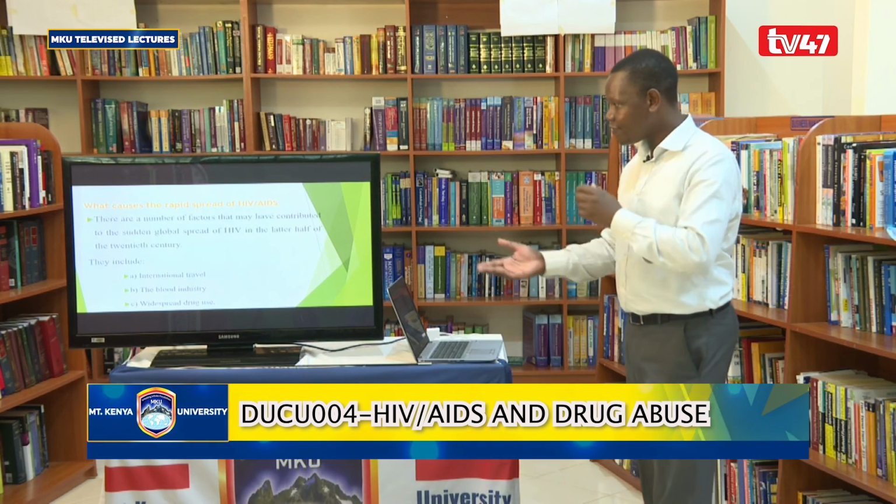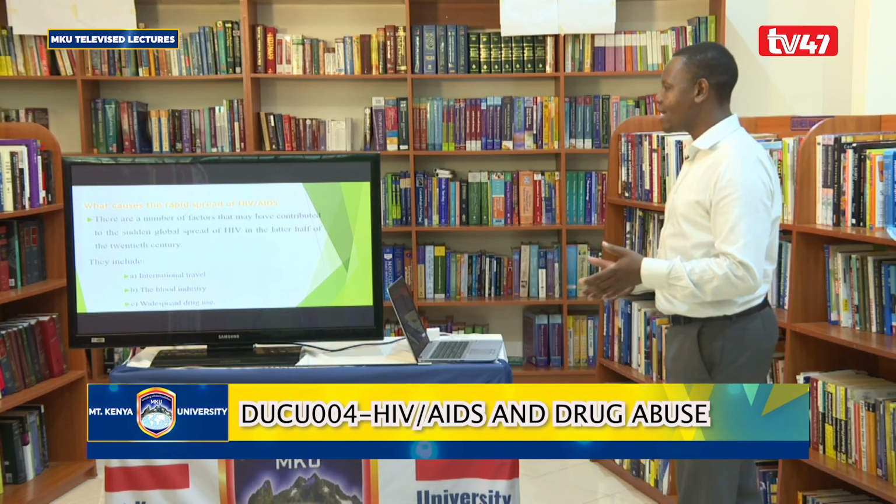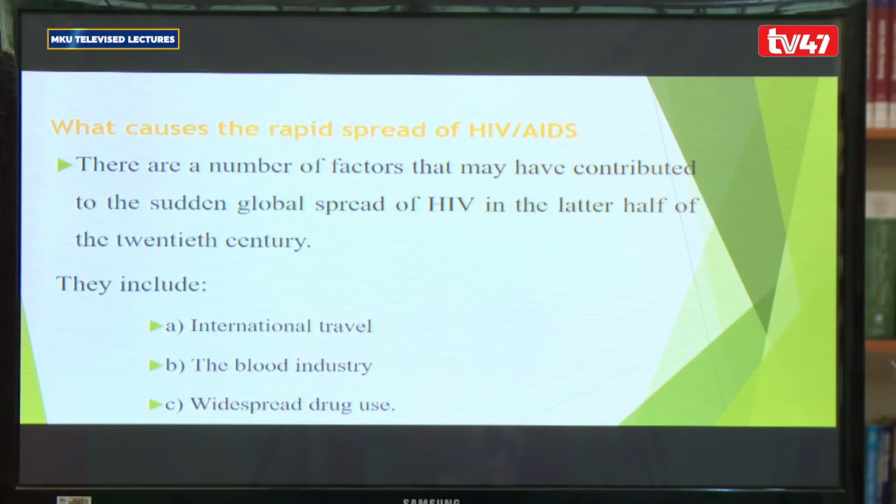We also have the blood industry, whereby we talk about blood transfusion. If there is contamination, the other partner will be able to get HIV. Or if there is no proper screening of the blood, the one receiving the blood could be a healthy person, but the blood being supplied could have the disease, and that can lead to the high spread of the disease.